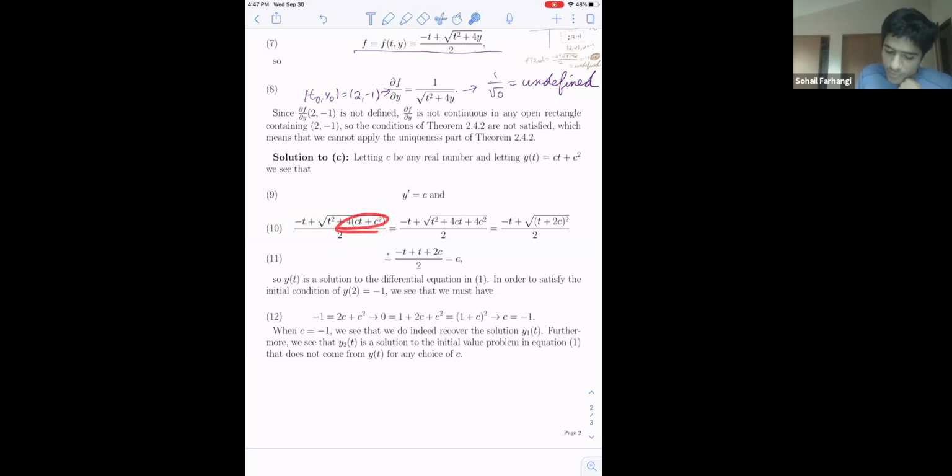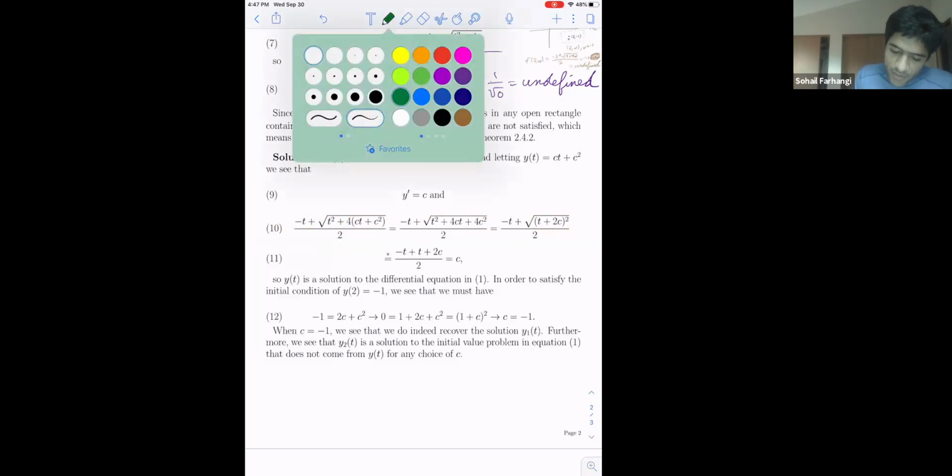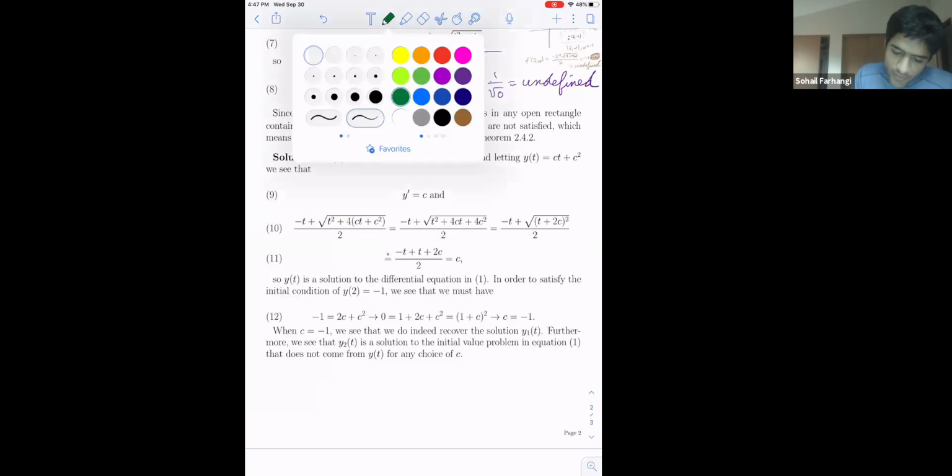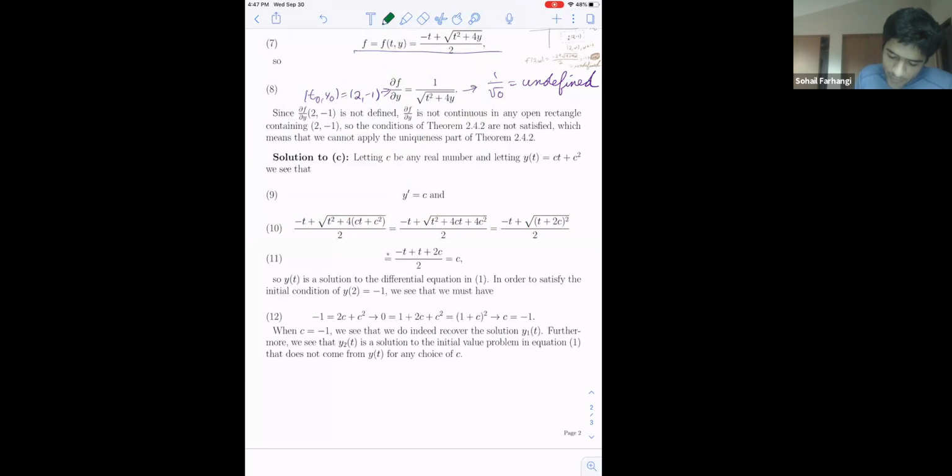Just distribute the 4 and simplify the algebra. Once again, notice that the part inside the square root turns into t plus 2c squared. And now we have the same little trick that we had before, where in order to get the positive square root, we just have the following.